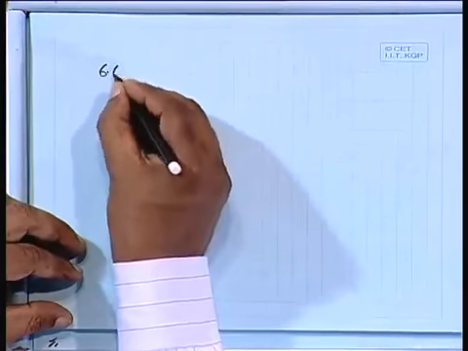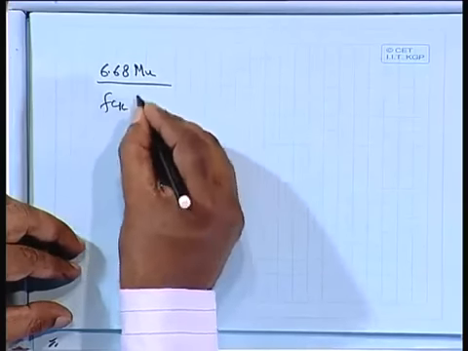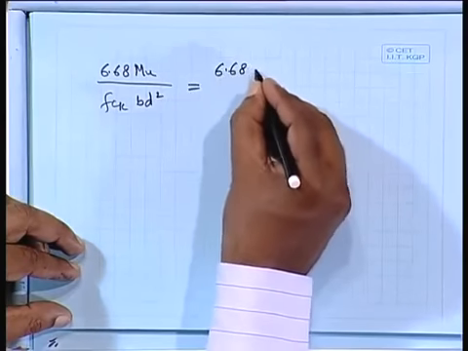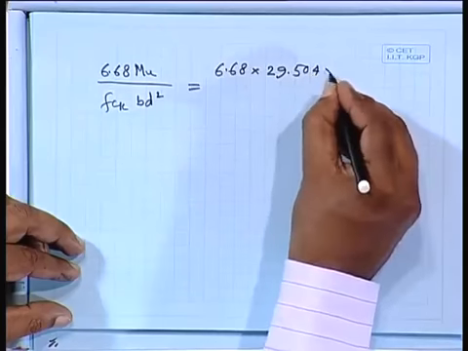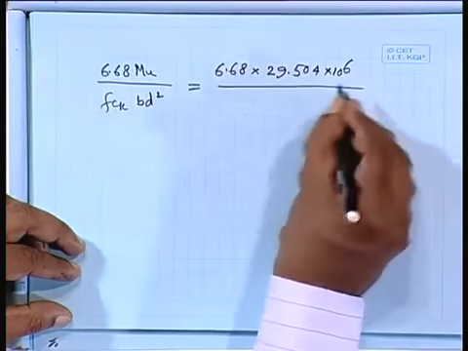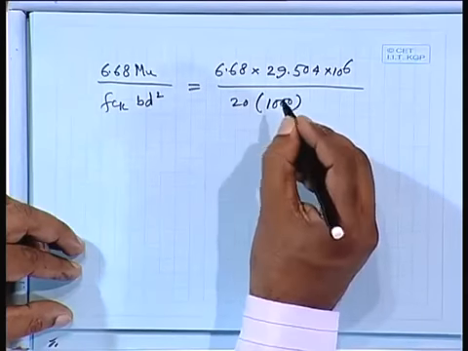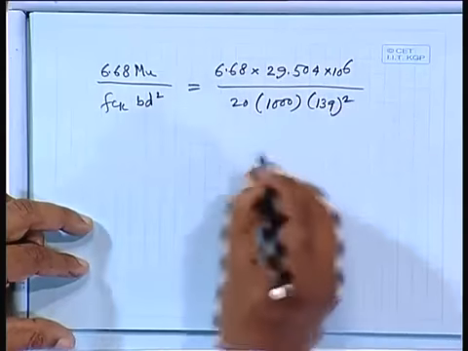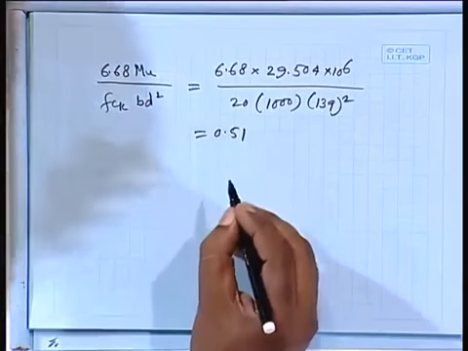So let us calculate x by D. So 6.68 mu by FCK B D square equal to 6.68 times 29.504, that is the moment, times 10 to the 6 divided by 20 times 1000, that is the meter width, times the effective depth of the slab square, which comes as 0.51.